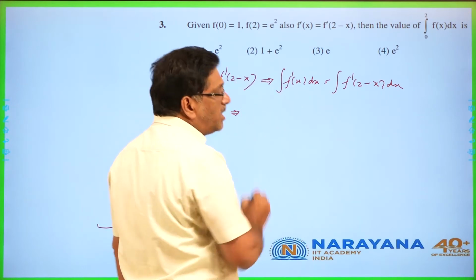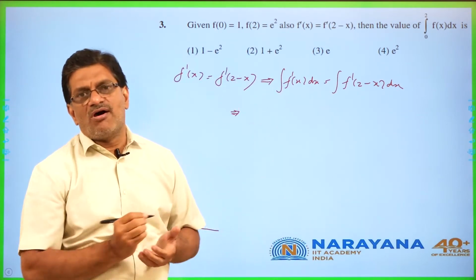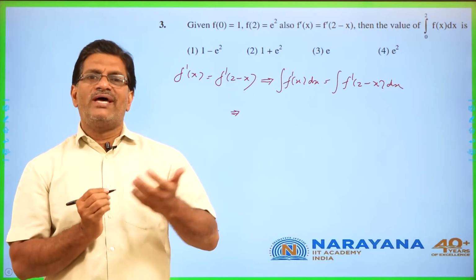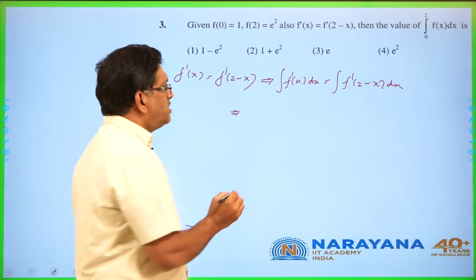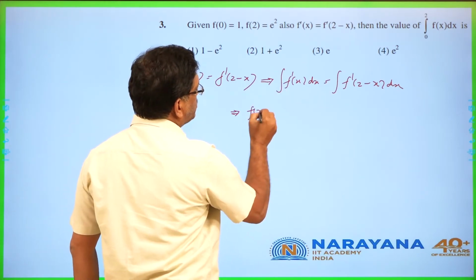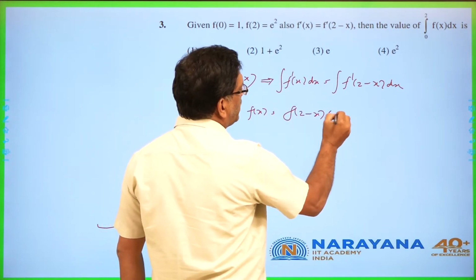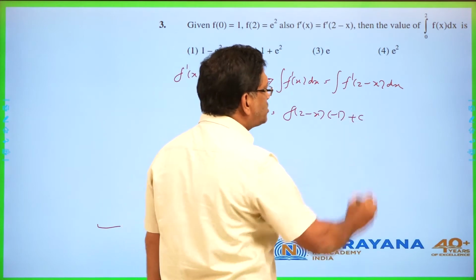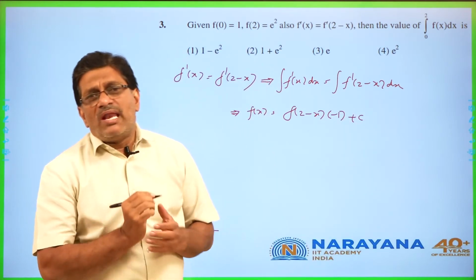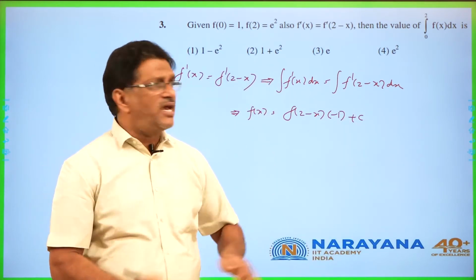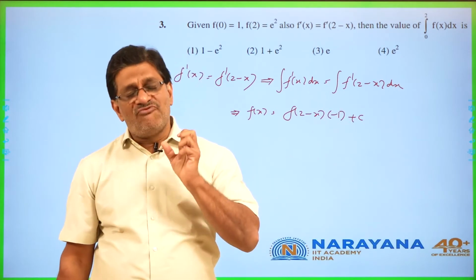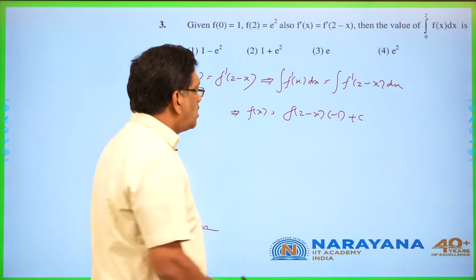We know that integration and differentiation are anti-operators, so hence can be cancelled. So integration of f dash x is f of x, is equal to f of 2 minus x into minus, plus constant. Wherever indefinite integral is there, constant plays a very important role, right?